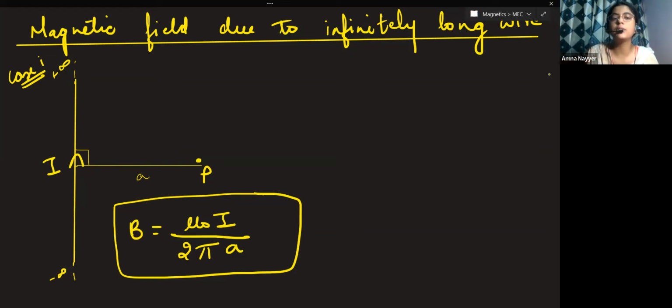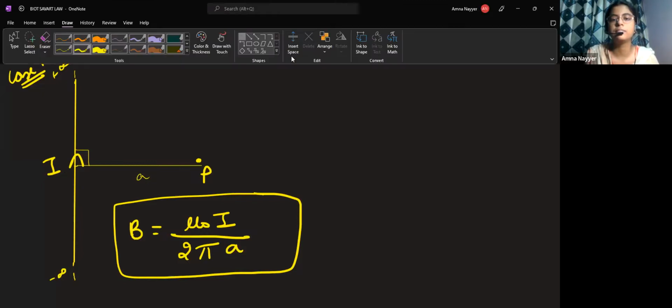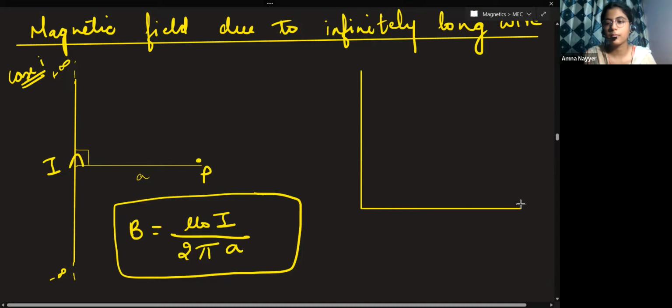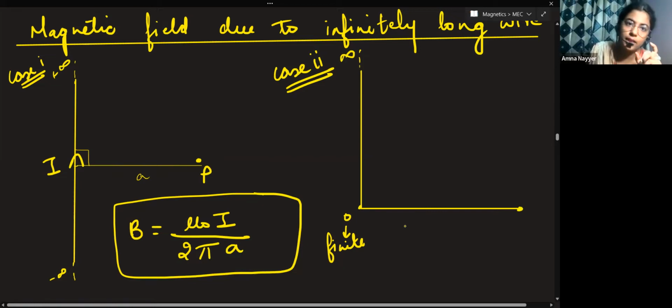Then the second case I was telling you about, semi-infinite. See, this is case 2. Semi-infinite means it has infinity at one end and the other end is fixed. This is a finite end, let's say point O, whereas this is the infinite end. And the point should lie at the finite end, the fixed end.